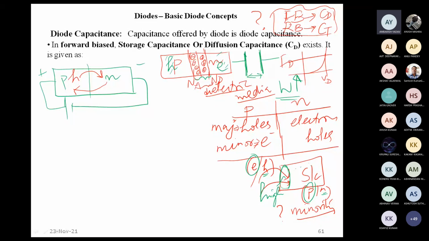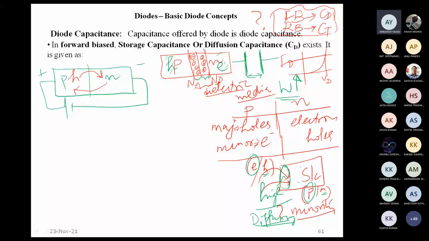So a concentration gradient happens, and because of this concentration gradient, the charge carrier starts diffusing. Diffusion is a slow process compared to drift. Drifting is much faster. So the carriers slowly diffuse across the region, and try to make the concentration homogeneous everywhere.